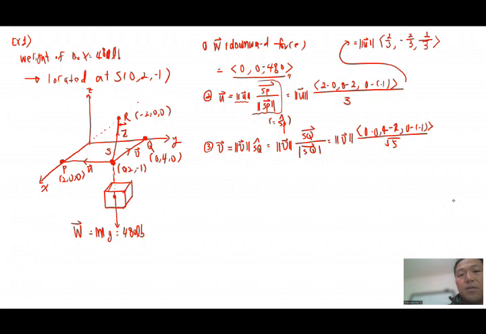So that is force V along SQ times (0, 2 over square root of 5, 1 over square root of 5). And now number 4, vector Z is the force Z times the unit vector SR.